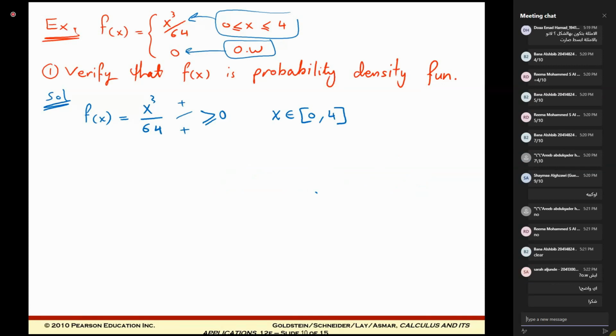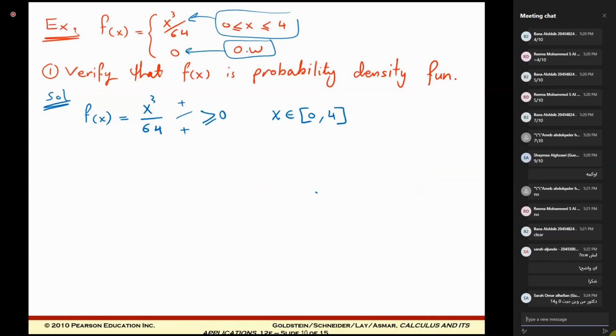Now, the first condition is okay, f of x greater than or equal to 0. The second: the integral from minus infinity to infinity of f of x dx, what does this equal? This equals the integral from 0 to 4. Why? Because less than 0 the integration is 0, greater than 4 the integration is also 0. Okay, dx.